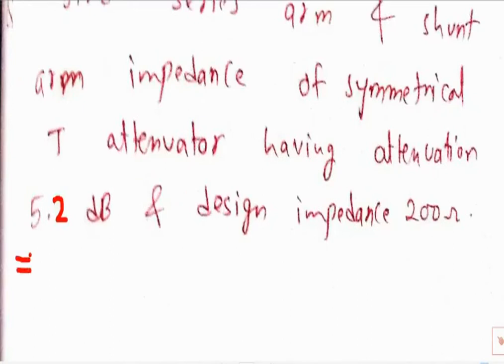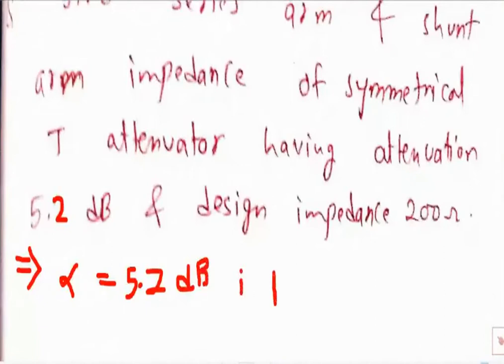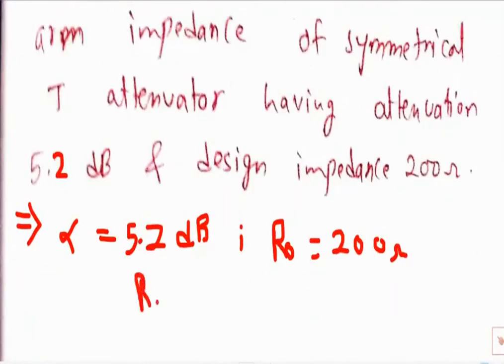Okay, so alpha is given as 5.2 dB, R0 is given as 200 ohm. Series arm impedance is R1, shunt arm impedance is R2 of the attenuator.